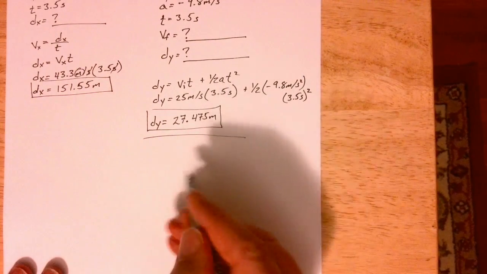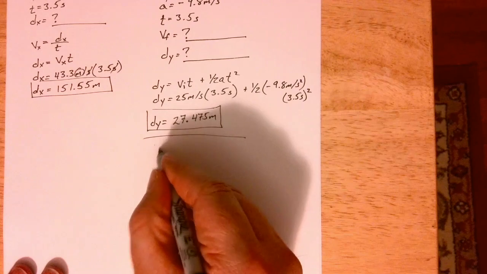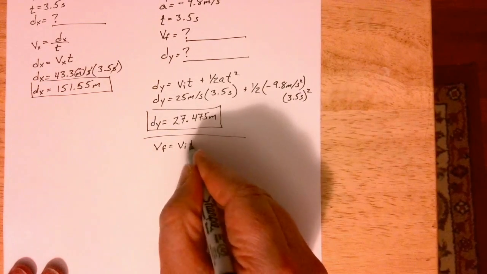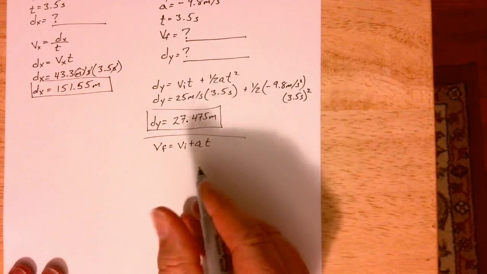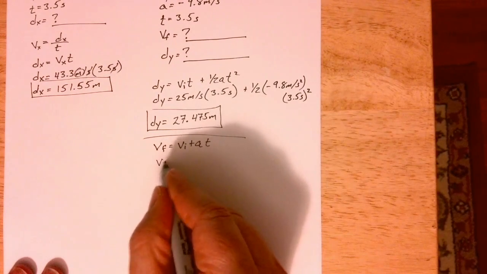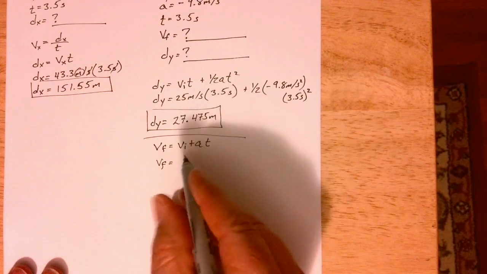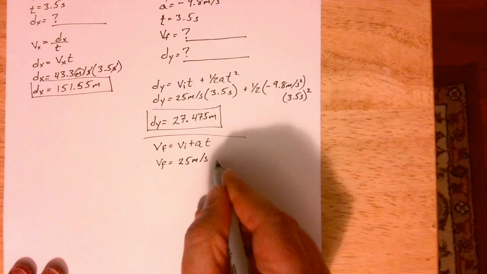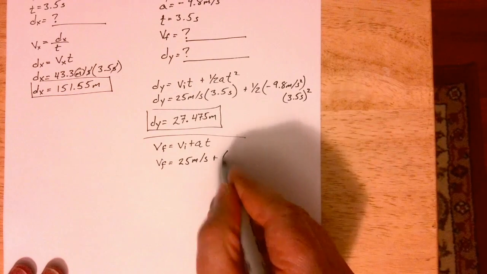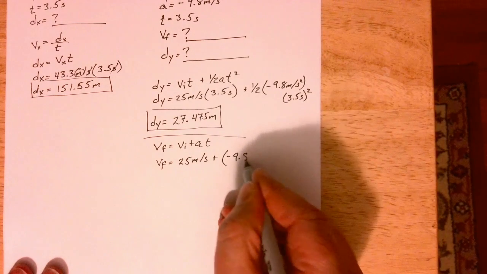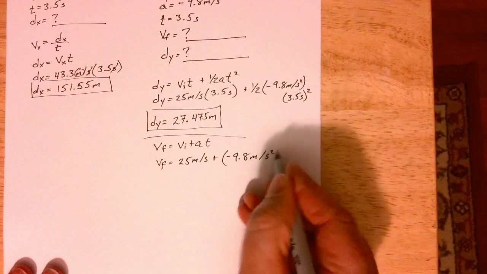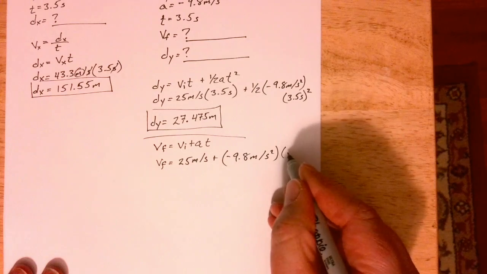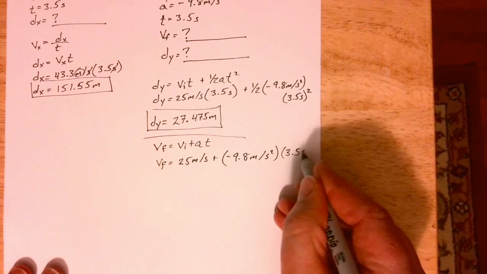So, solve for the velocity. Vf is equal to vi plus at. The final velocity is equal to the initial velocity, which was 25 meters per second, plus the acceleration, which is negative 9.8 meters per second squared, and a time of 3.5 seconds.